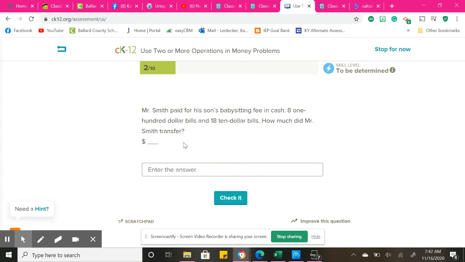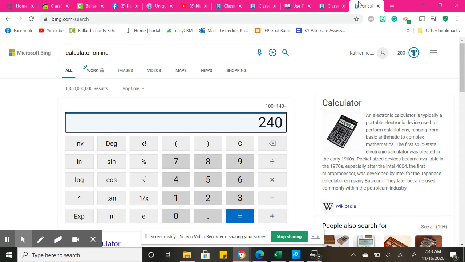All right, next, I'll do one more with you. Mr. Smith paid for his son's babysitting fee in cash, 8 $100 bills and 18 $10 bills. How much did Mr. Smith transfer to the babysitter? So 8 $100 bills. Well, we know that 8 times 100 is going to be 800.